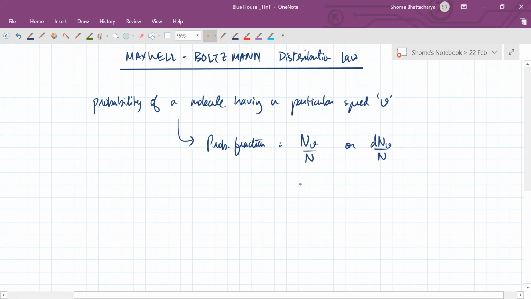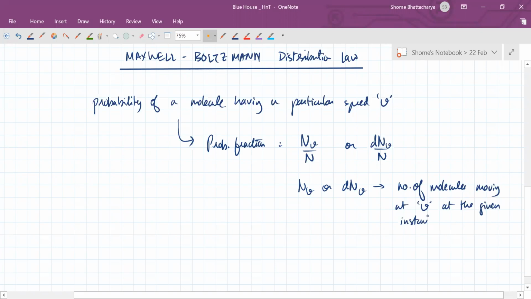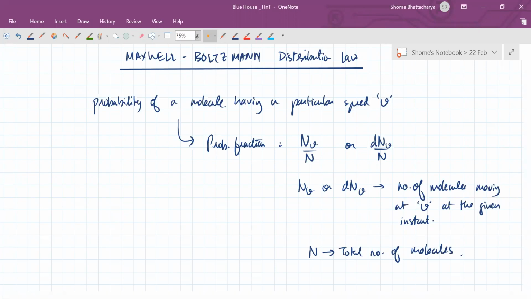Okay, where nv or dnv is the number of molecules moving at the speed v at the given instant. Okay. And N is the total number of molecules in my gas sample. Okay.